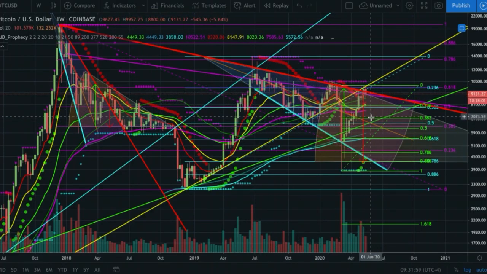Once we touch the median line, which lines up with our green parabolic trend line of the macro trend on the weekly, which comes in at 66.35 basically, and it's also the 0.5 fib as well, if we get down to anywhere between 6,200 and 6,600, I think 6,200 to 6,600 is the ideal point to find support at the median line of the cone, find support at the parabolic trend line, and also some key fib levels, and then we could potentially get that move back up here.